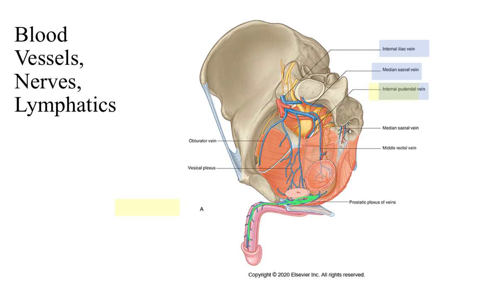And then those are going to ultimately drain into the internal iliac vein, which will then go into the common iliac vein and then upwards towards the heart. Then the internal pudendal vein drains the perineal region and structures that are located there, and the median sacral vein drains structures along the sacrum back here.